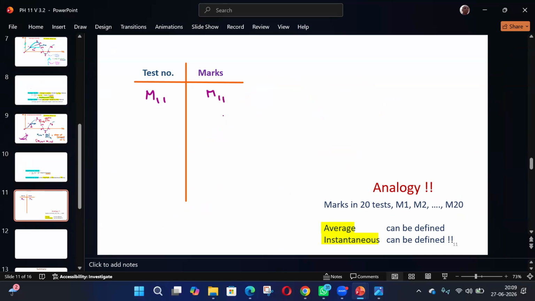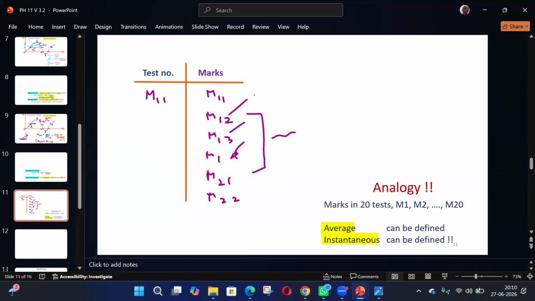First month, second test, I'm getting M12. First month, third test, similarly, first month, fourth test, similarly, second month, first test. So we can have a lot of these. I can take an average of a few tests to get an understanding of how you are performing. Another thing is I can take the individual marks and get an understanding of how you are performing.